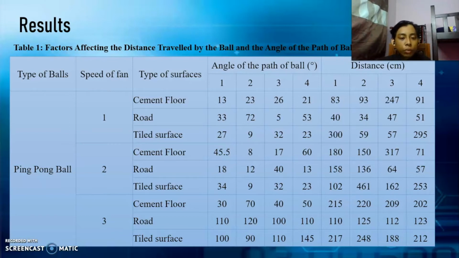And for each speed of fan we do 3 types of surface: cement floor, road, and tile surface. As we can see here, this is the table for the angle of the path of the ball, which we measure in degrees. And this is the data that we get after we measure the distance, which is in cm.